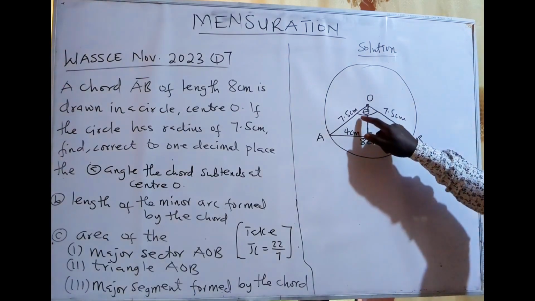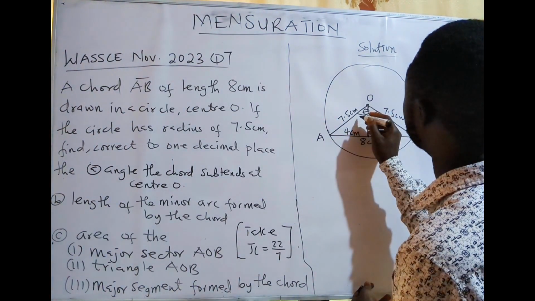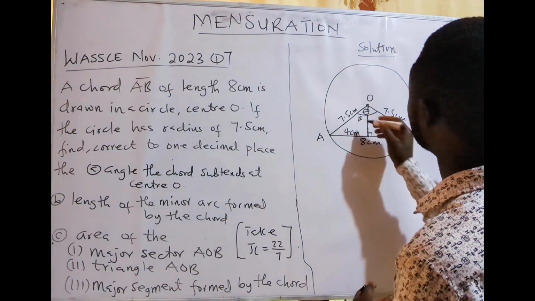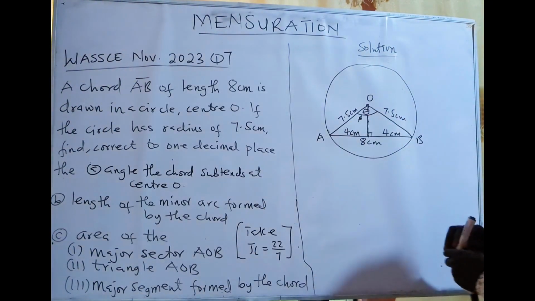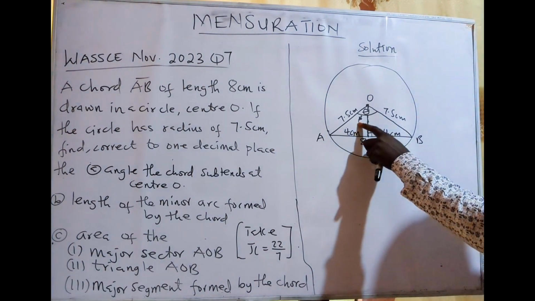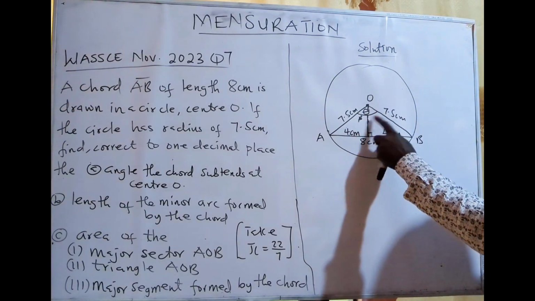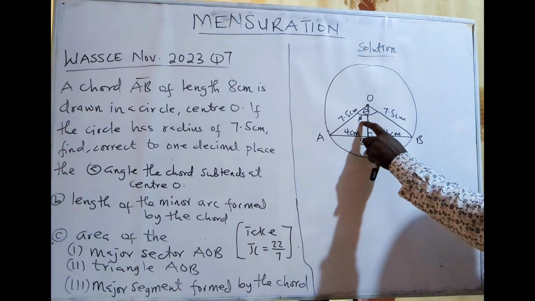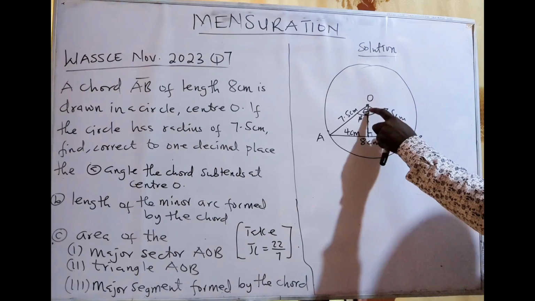Let me call it beta. So we can calculate the angle here, beta, because the angle here is the same as the angle here. And note that this particular line will divide the angle into 2.